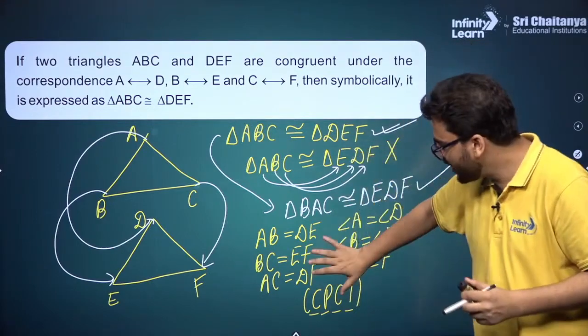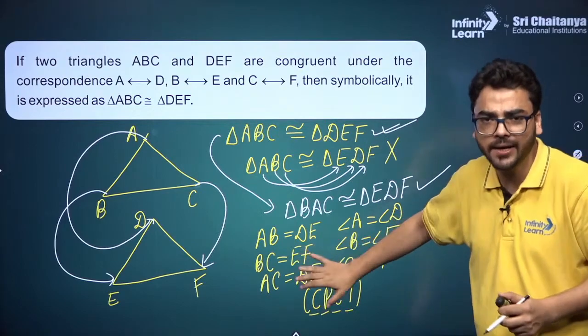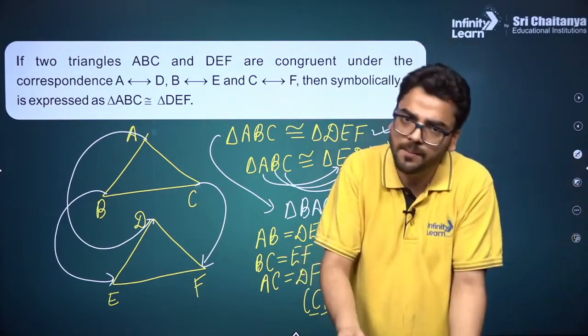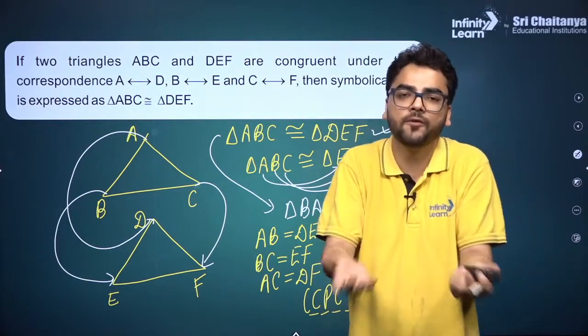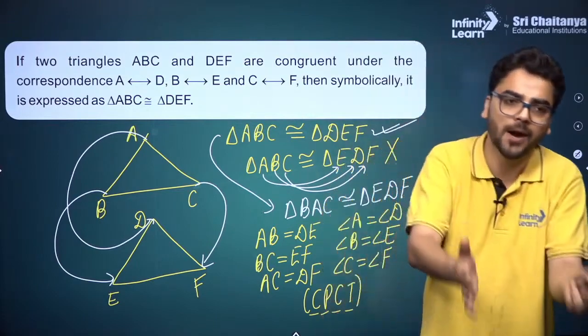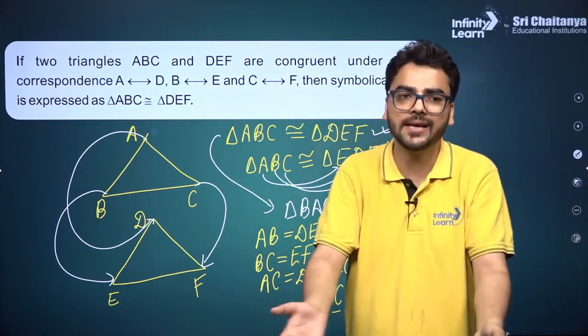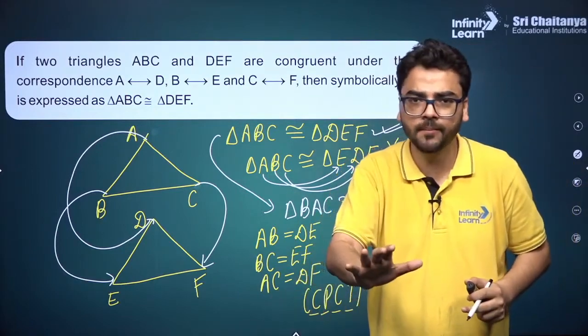If the corresponding parts of two triangles are equal, then the triangles will be congruent, and the other way around, if two triangles are congruent, then corresponding parts are equal. In both ways it is true. You got that logic?